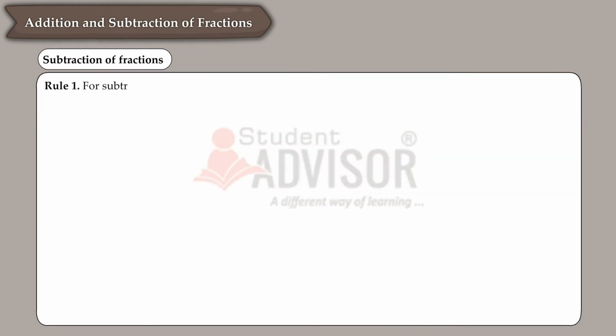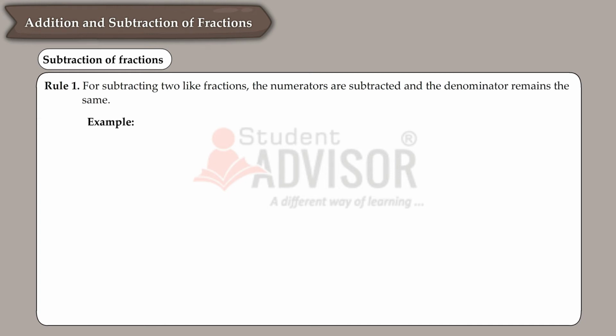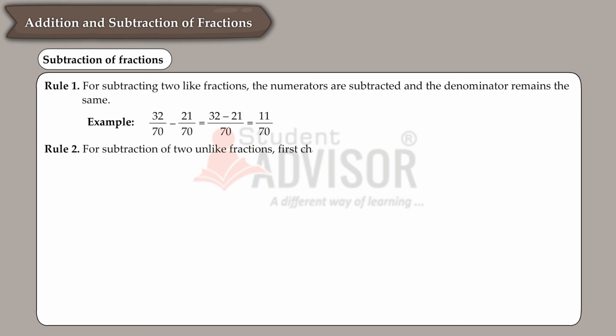For subtracting two like fractions, the numerators are subtracted and the denominator remains the same. Study the given example. Rule 2. For subtraction of two unlike fractions, first change them to like fractions and then subtract them as given in Rule 1. Study the given example.